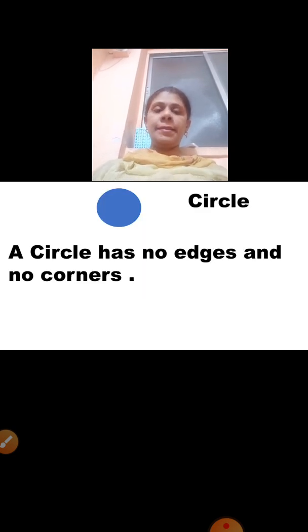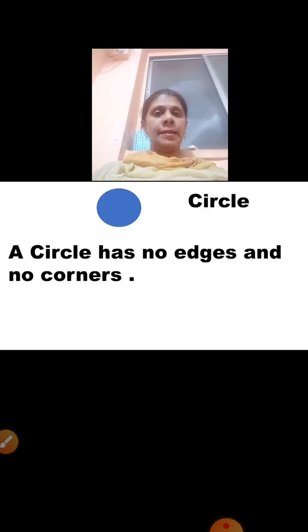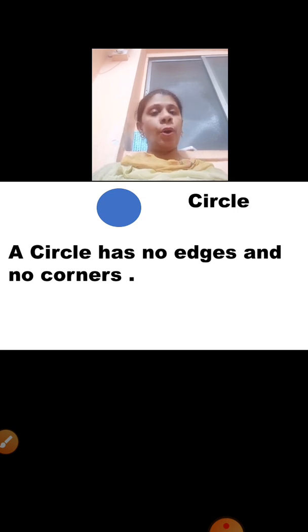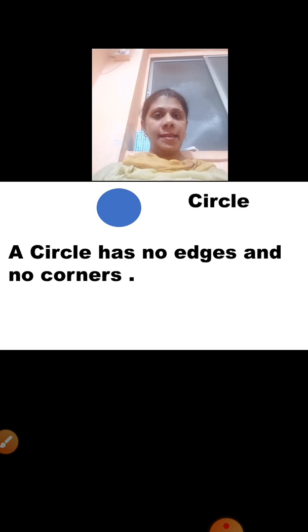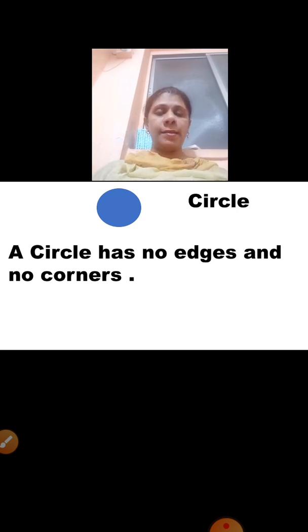Which shape is this? Yes, circle. Circle. A circle has no edges and no corners. Repeat after me, children. A circle has no edges and no corners.